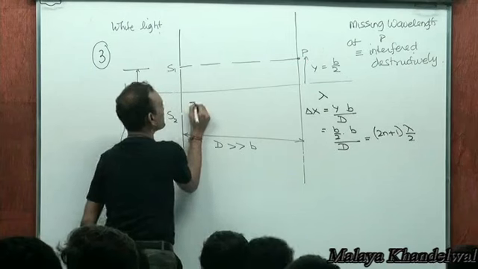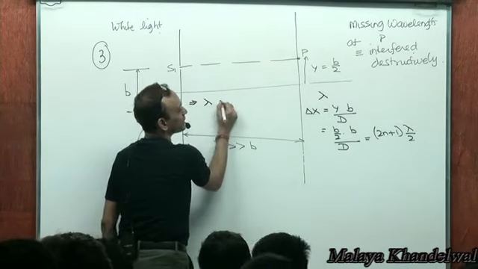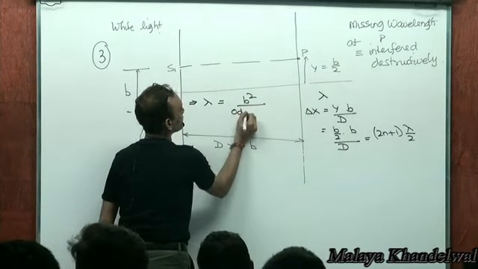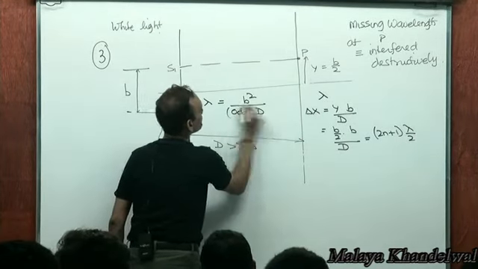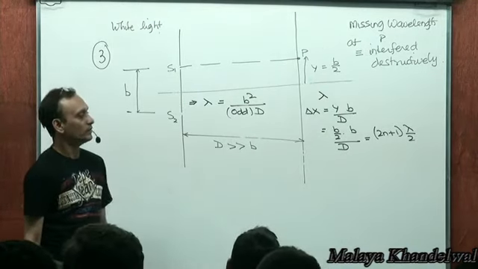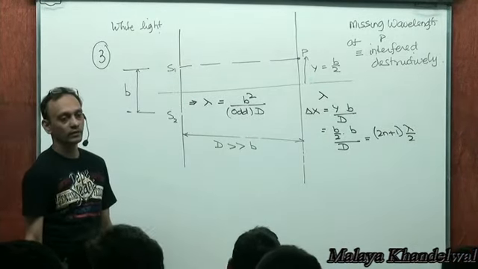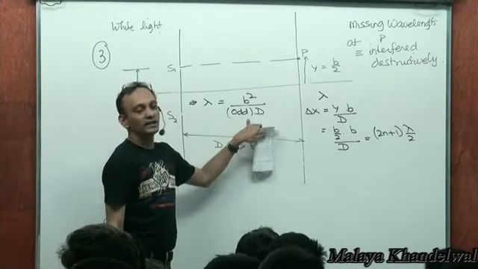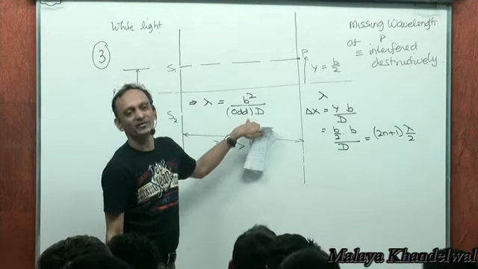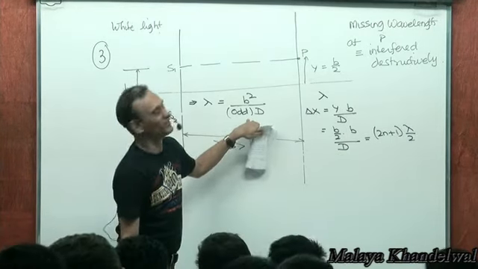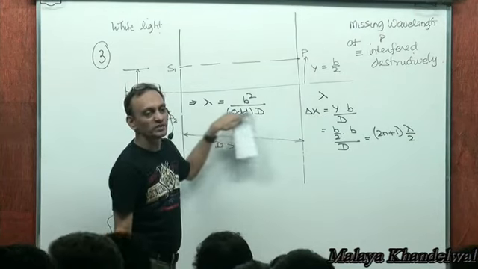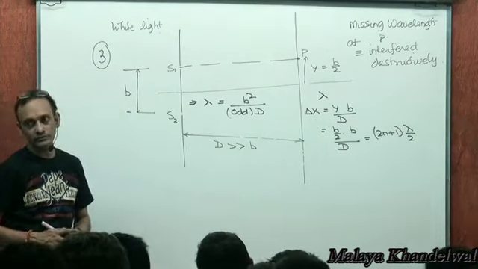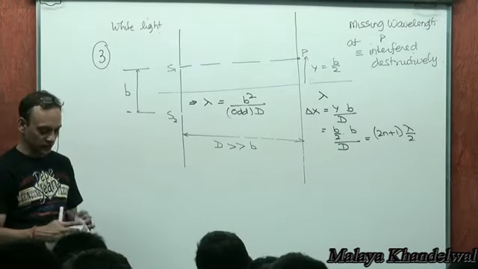That means the lambdas that would be missing at P would be lambda equal to b squared by an odd number into D. That means b squared by D, b squared by 3D, b squared by 5D, those would be the missing wavelengths. For different odd numbers, you will get various missing wavelengths at P. Clear? Right now, you look at the next one.